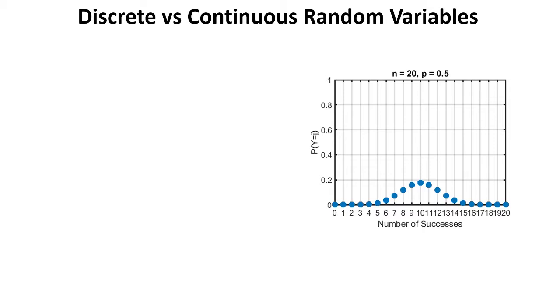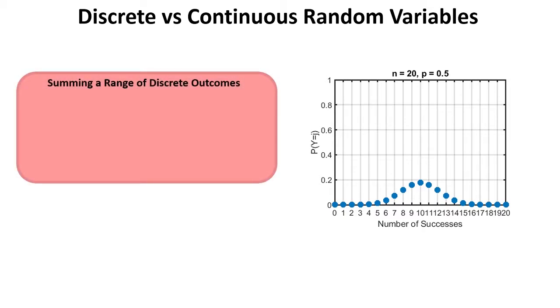So let's explore a little more about the differences here. When you sum a range of outcomes in a discrete distribution, we already kind of covered this, right? We had the probability of getting a heads and then a tails, and a tails and then a heads, and we added those 2 together when we were asking what's the probability of either getting a heads and a tails or getting a tails and a heads.